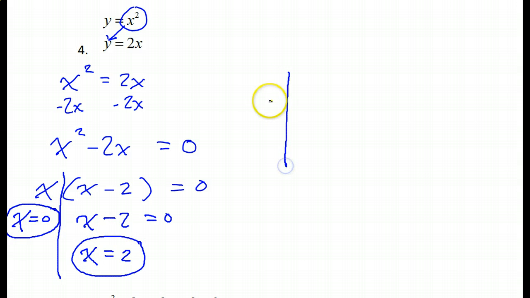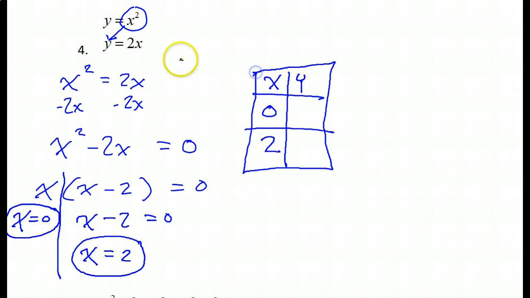Now we need the y values that go with them. So we have x and y. So my x values are 0 and 2. So I could use either one of these. I'm going to use this one, y equals 2x, to find my y values.